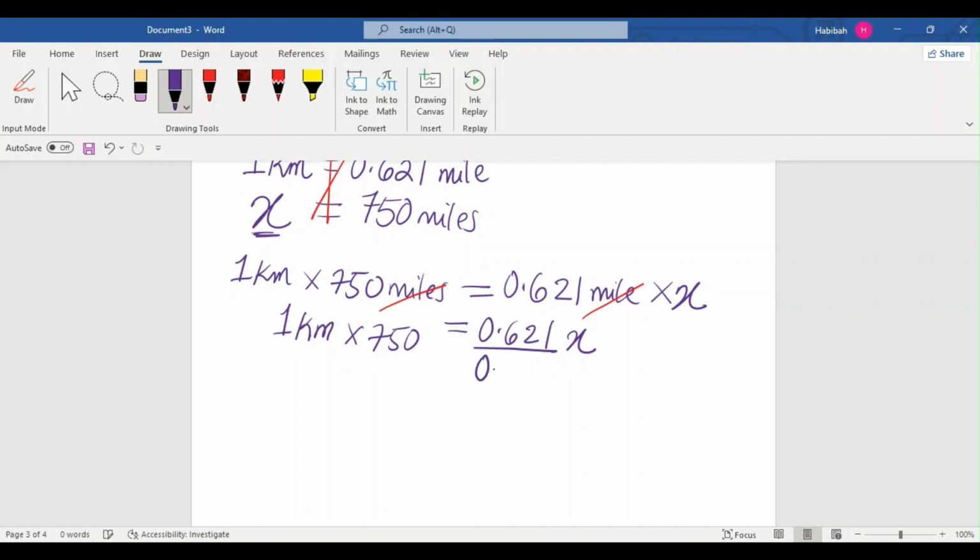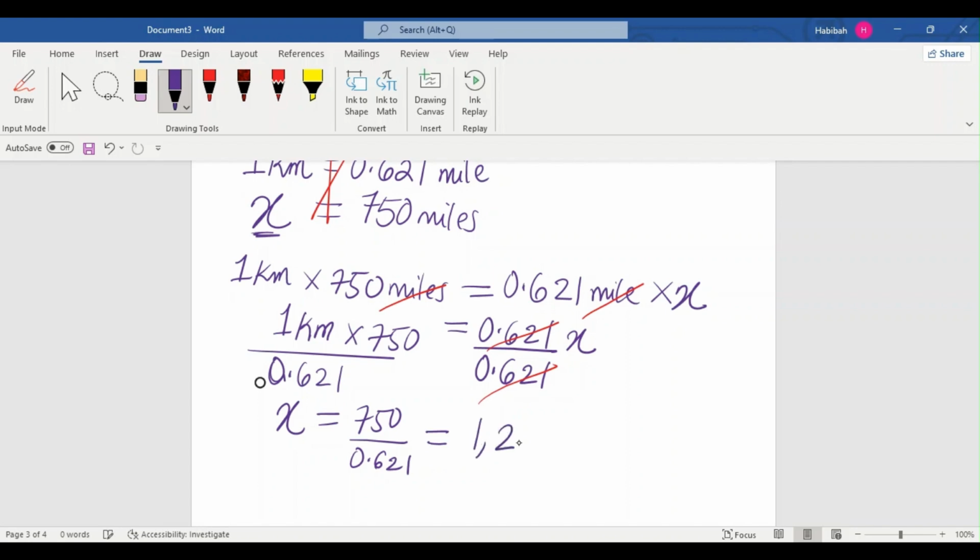So we divide both sides by 0.621, and you cancel out 0.621 on both sides. So x is now equal to 750 divided by 0.621, which is 1207.729 kilometers. Remember, the kilometer is what we're solving.